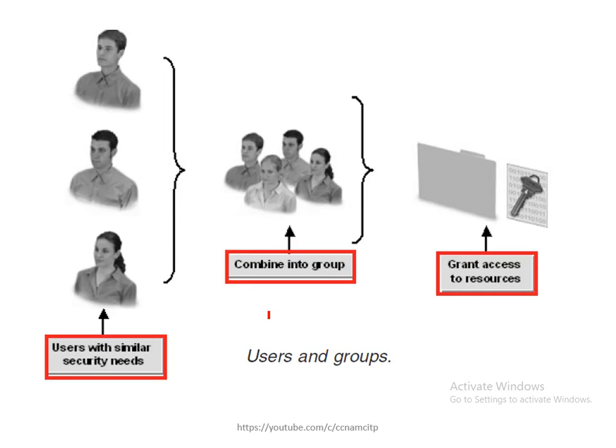Let me give you a very simple scenario. Here we have users and groups, users with similar security needs. We combine them into a group and grant access to resources.